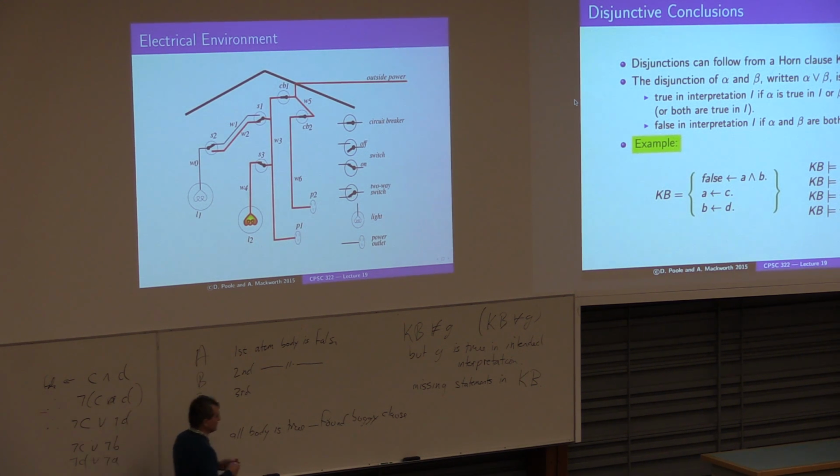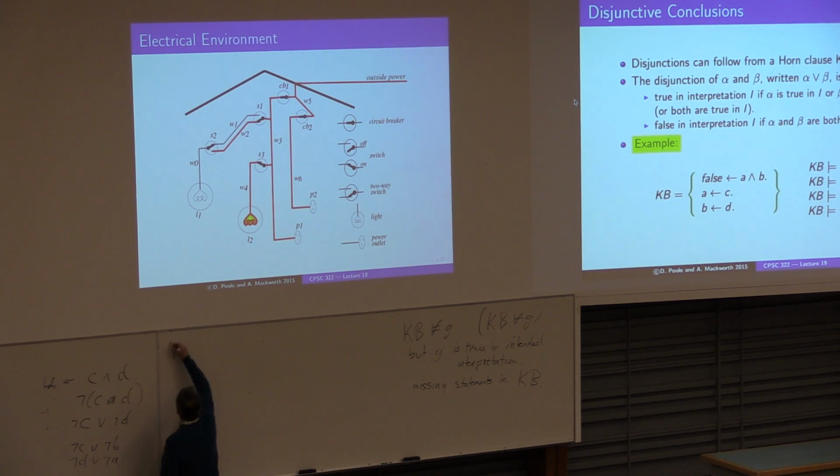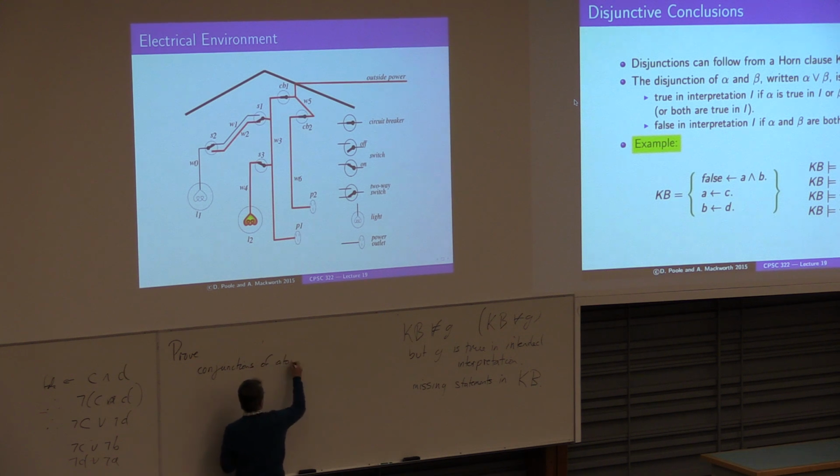Right, so we could prove atoms, and now we can prove conjunctions of atoms, just like we could before, right, as with definite clauses.